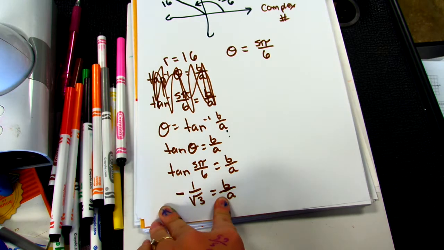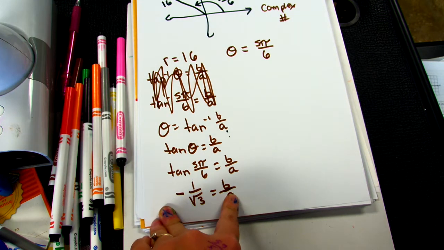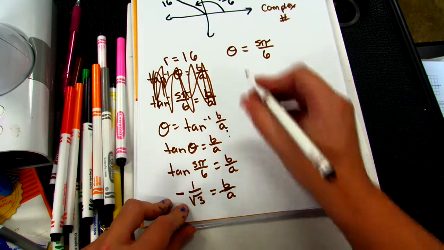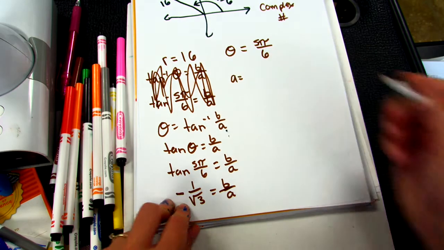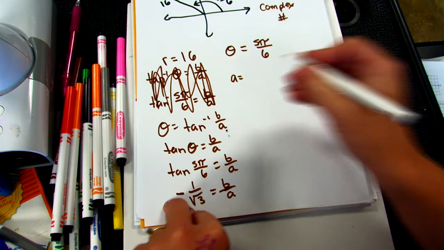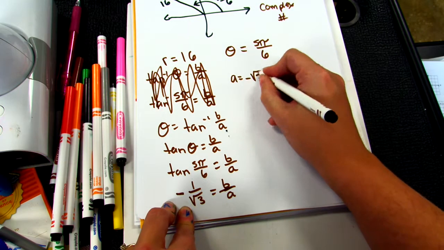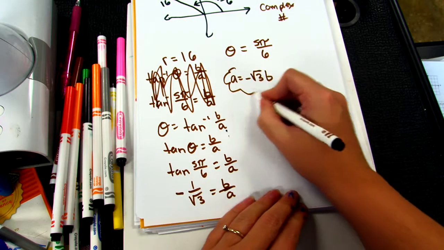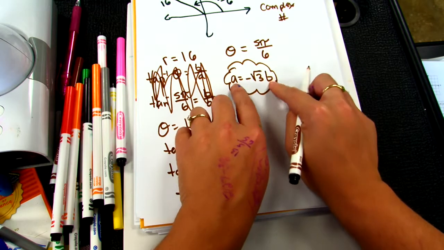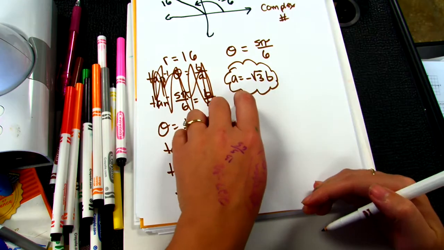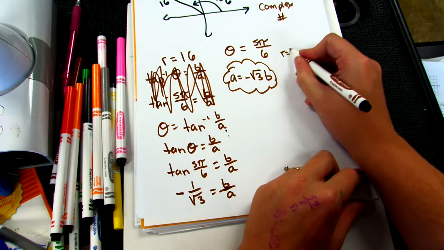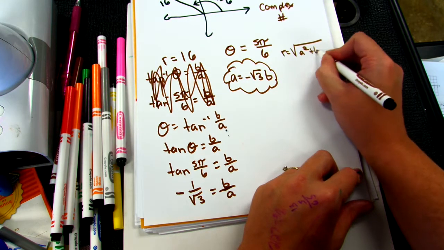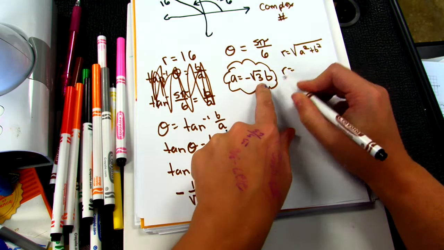Okay, so let's go ahead and solve for a, okay? So that means that a is equal to negative square root of 3 times b, okay? And this is important, all right? Even though it's still not solved completely because we have a b, it is kind of important. All right, so we also know that r is equal to the square root of a squared plus b squared.